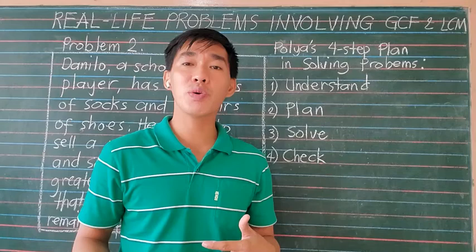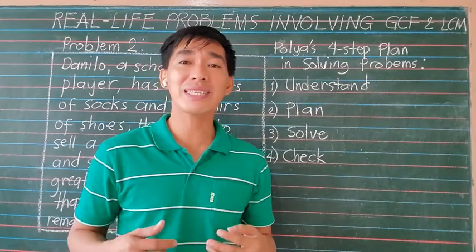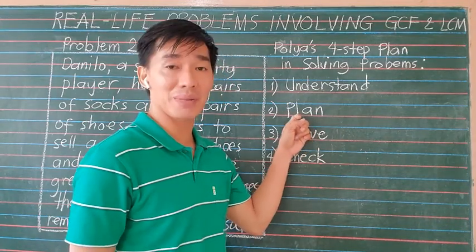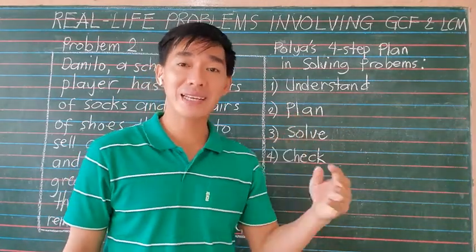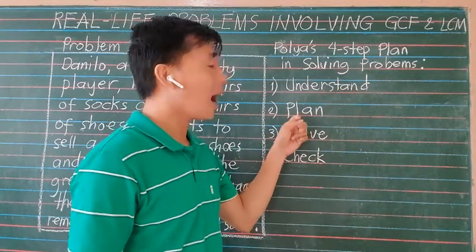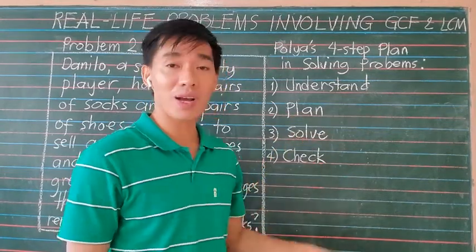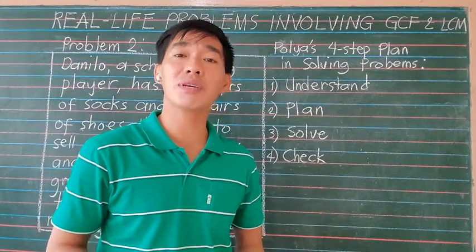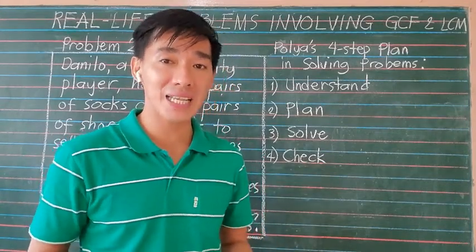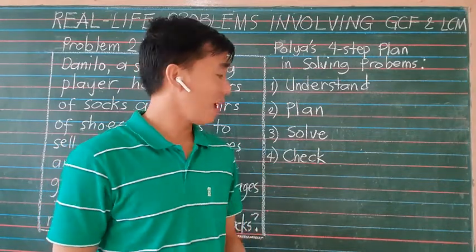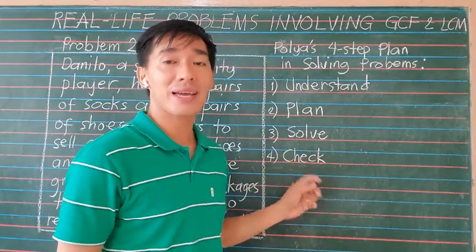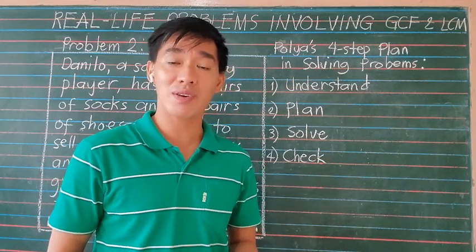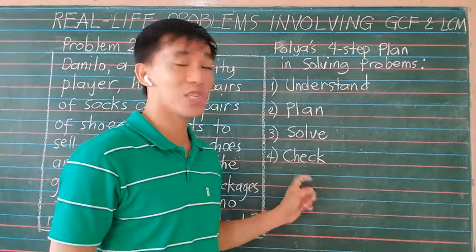When you say plan, you are trying to consider what's the best strategy to use in order for you to answer the problem. How do we attack the problem? That's how we plan. And of course, to solve, let us always be reminded that this time you will have to carry out the plan until you arrive at the answer. And finally, to check, let us be sure if our answer is really correct or not. So, that's how we check our answer.